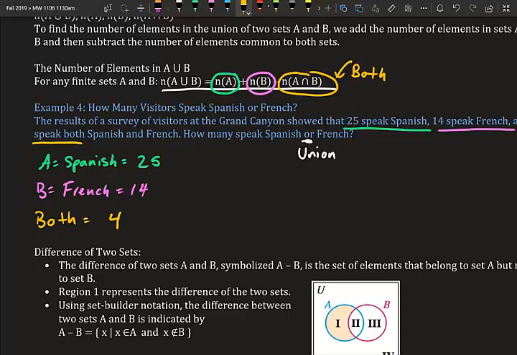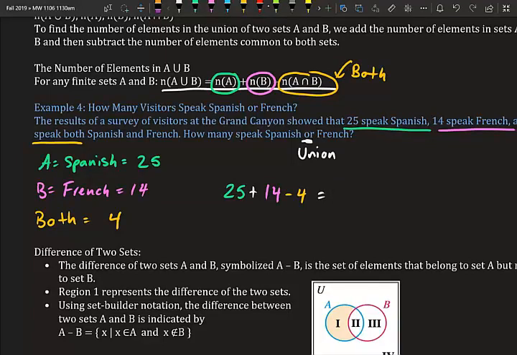So we just put them in order and we subtract. So number of A, which is 25, plus number of B, which is 14, minus what they have in common, so 4, because both speak 4, and we get... I don't know why I said 35.